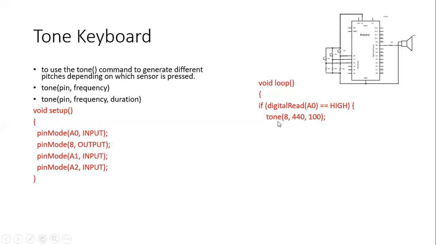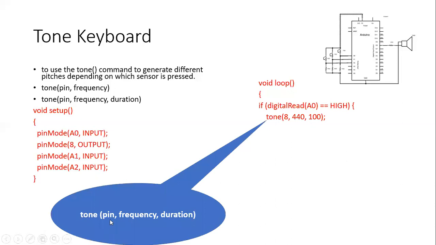Okay. So we write tone, with reference to the syntax: tone within brackets, pin to which you have to give the tone, frequency, and duration in milliseconds, 100 milliseconds. So 8, 440, 100. Okay, so this will give you one particular sound.